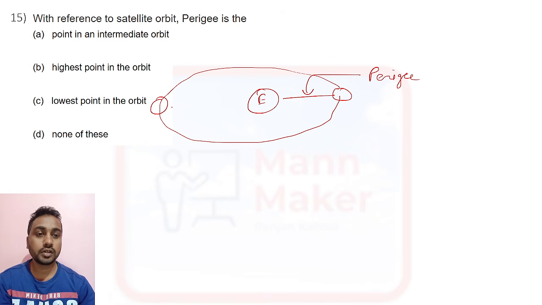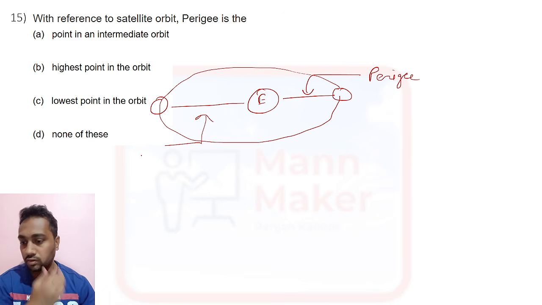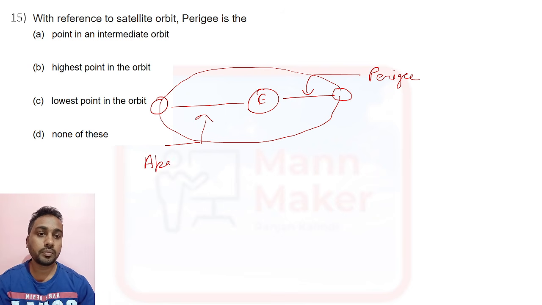And this is the longest point. The longest point is called apogee. So the longest point of the satellite from the Earth is called apogee, and here they ask about perigee.